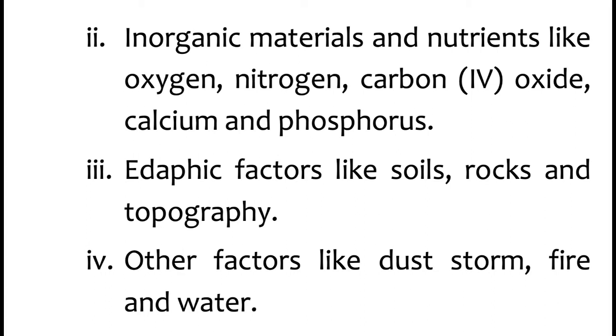Two, they include inorganic materials and nutrients like oxygen, nitrogen, carbon dioxide, calcium, and phosphorus. These are minerals or nutrients that are important in the environment. Number three, we have edaphic factors like soils, rocks, and topography.